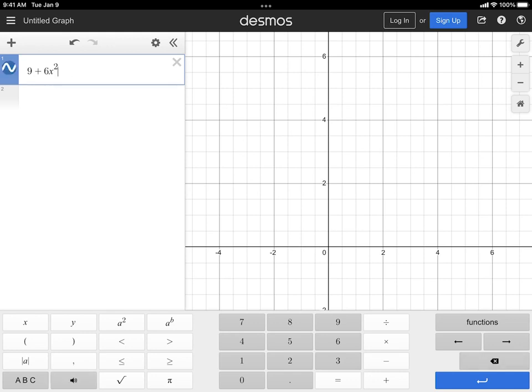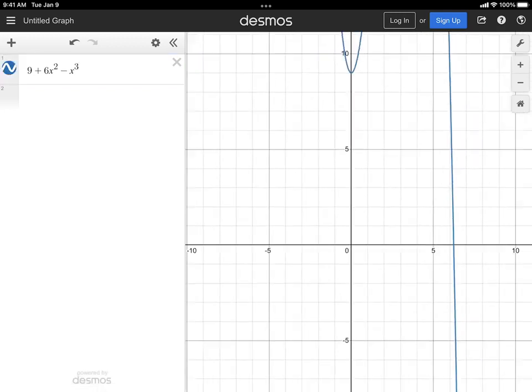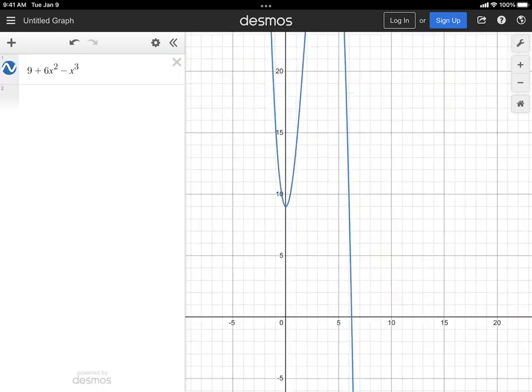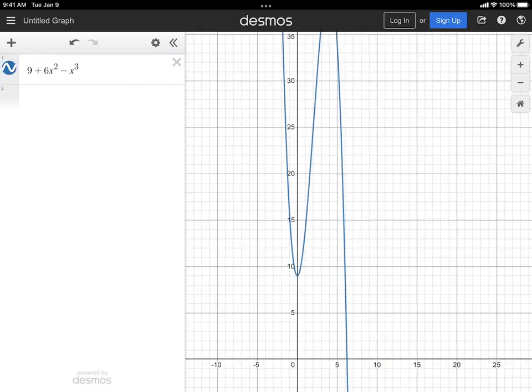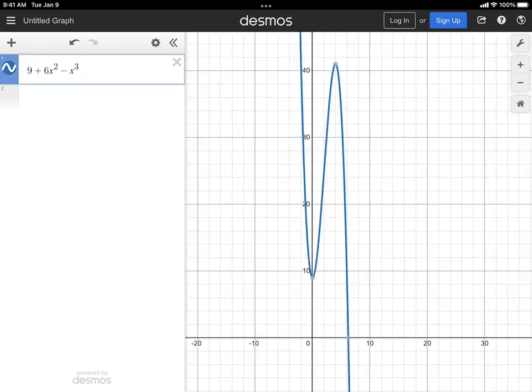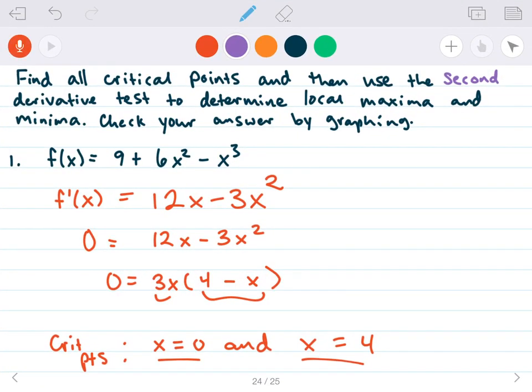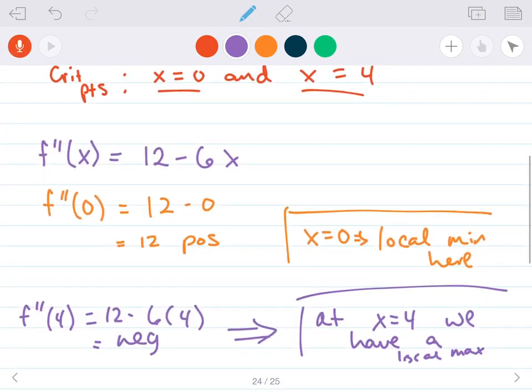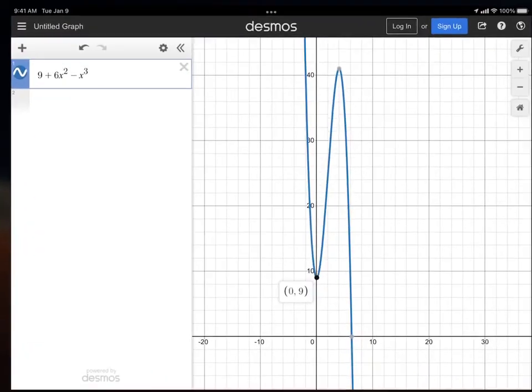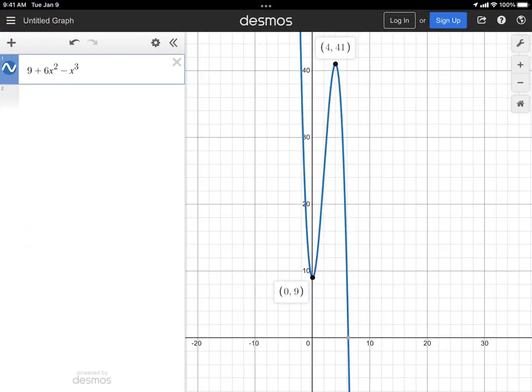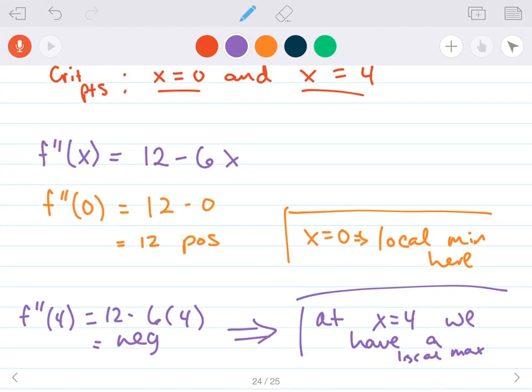All right, so we have our local min at x equals 0, and we got that. And at x equals 4, we have a local max. All right, so we found those using the second derivative test.